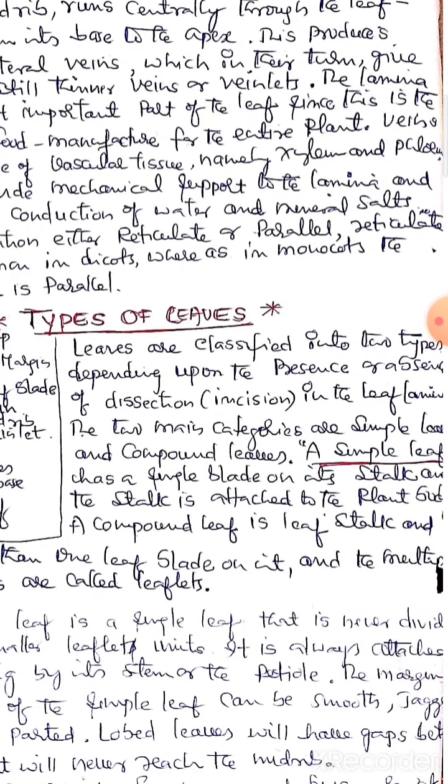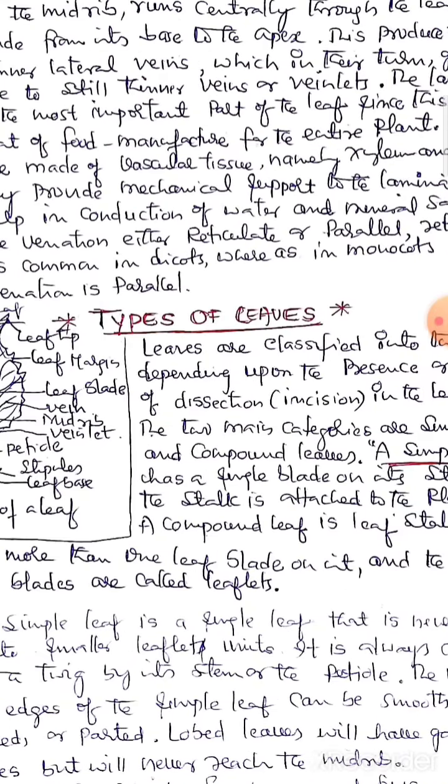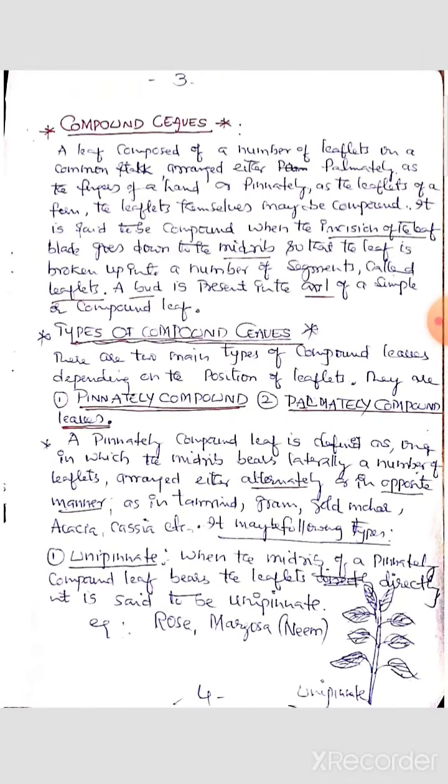And the third part is compound leaves. A compound leaf is composed of a number of leaflets on a common stalk, arranged either palmately, like the fingers of a hand, or pinnately. The leaflets themselves may be compound.